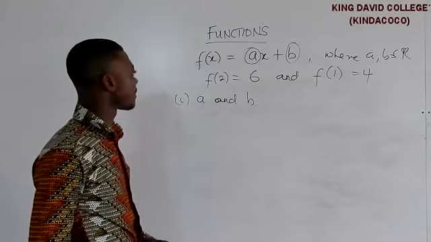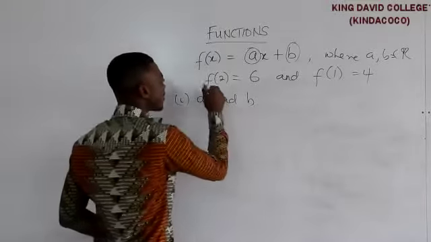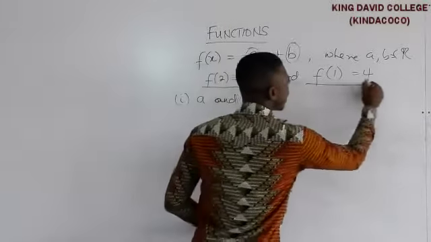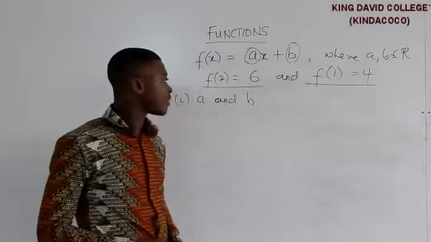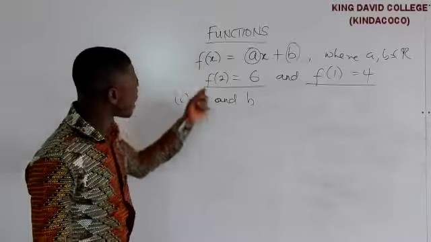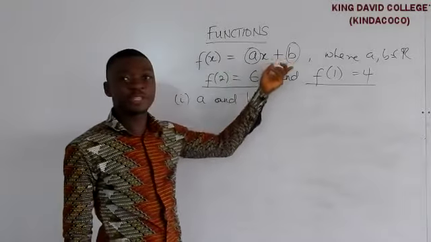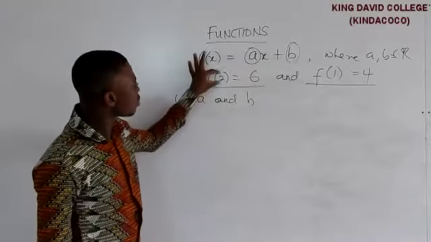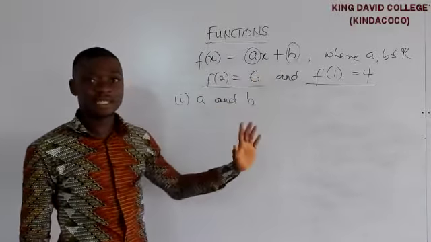So with this, what you need to do is to get the idea from here. It's the application of the very first lesson we had. They are saying that with this function f of x, which we don't know the full expression of, when you put 2 into this function, you get 6.